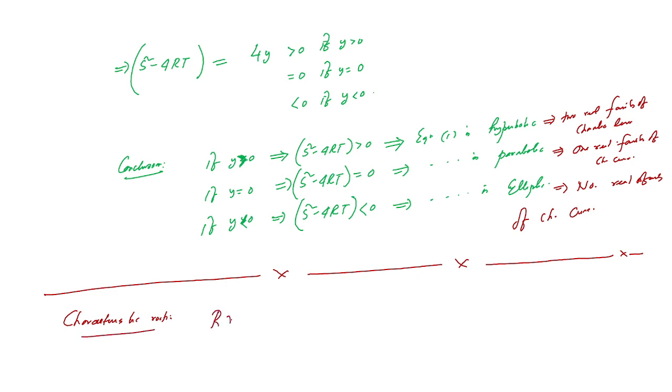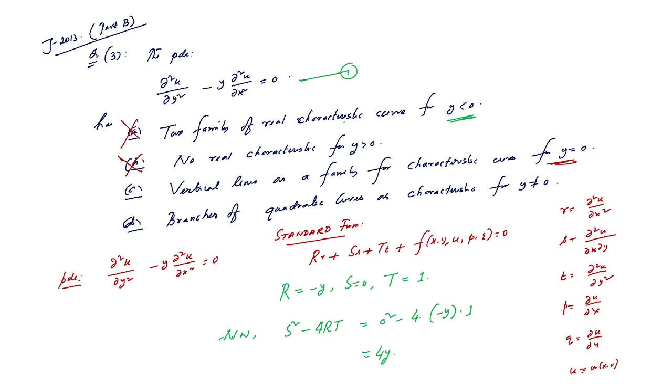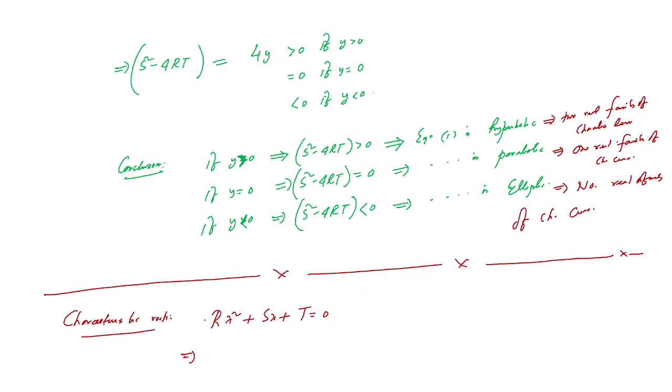So here the equation will be rλ² + sλ + t = 0. We will solve this equation and find the roots. What is r? Here r is minus y, s is 0 and t is 1. So that will be −yλ² + 0λ + 1 = 0.